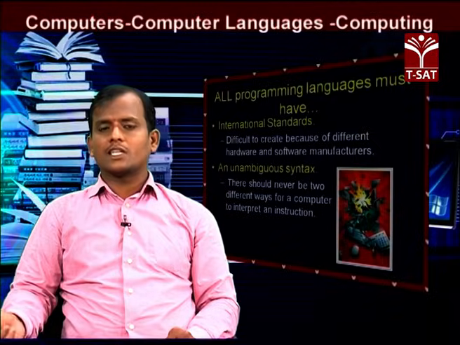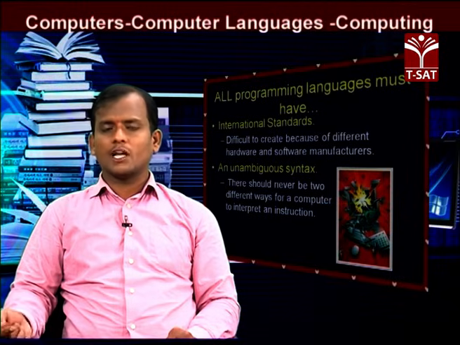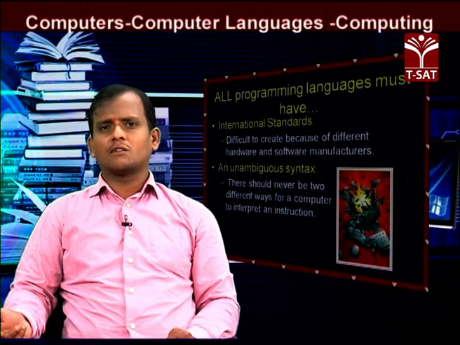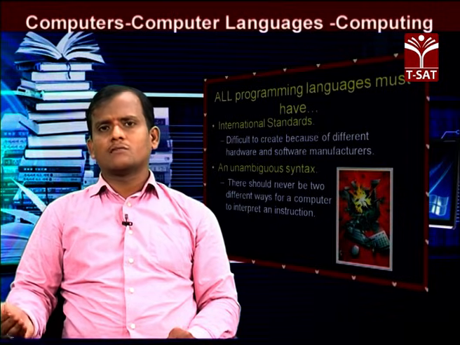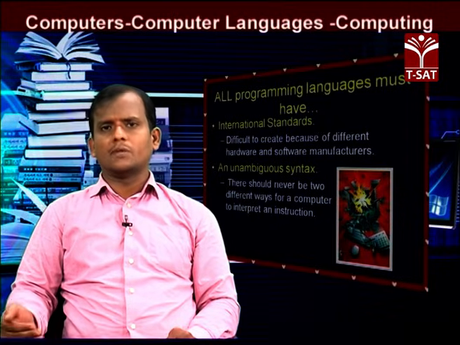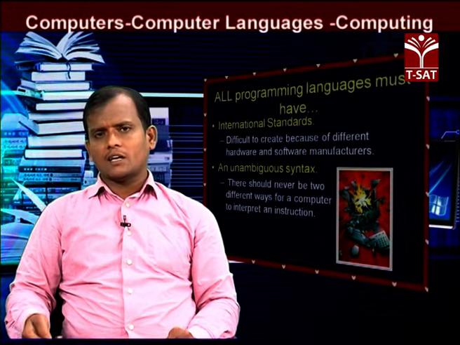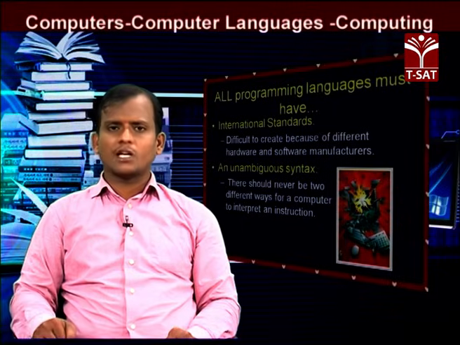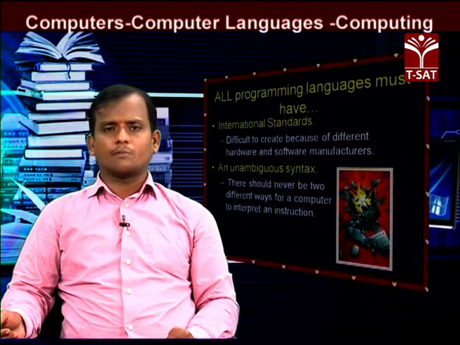So in an interpreter, each and every line is executed. When I say executed, it is nothing but converting from high level to machine level. So that is the major difference between a compiler and an interpreter.